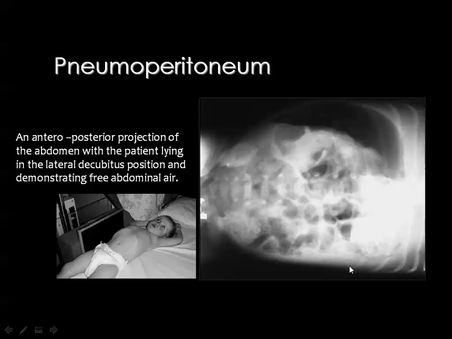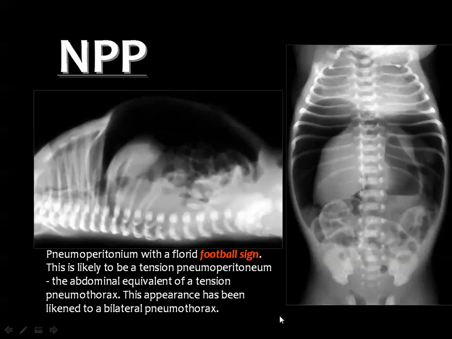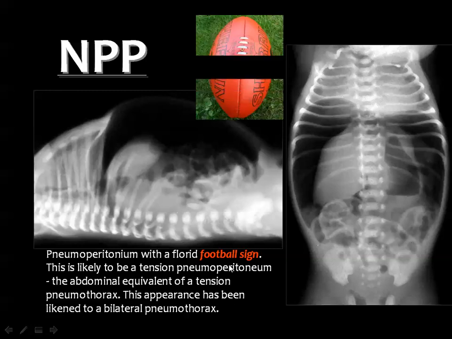If not, then you can do this position, and you expose the patient from his lateral aspect, and then you can see air between the liver and the diaphragm, or between the anterior abdominal wall and the viscera. And sometimes the air is great within the abdomen, resulting in accumulation or displacement of the organs in the mid part of the abdomen, which is known as the football sign.